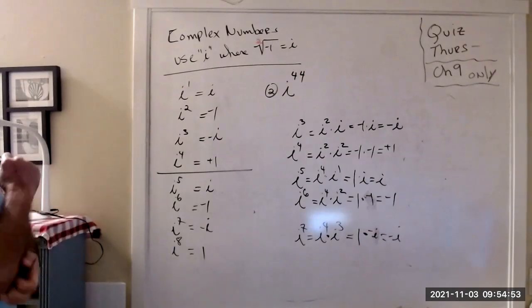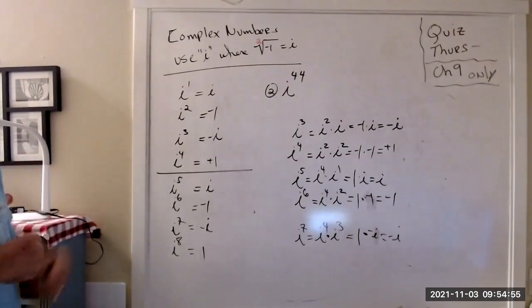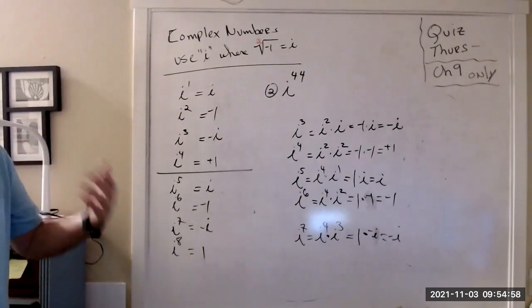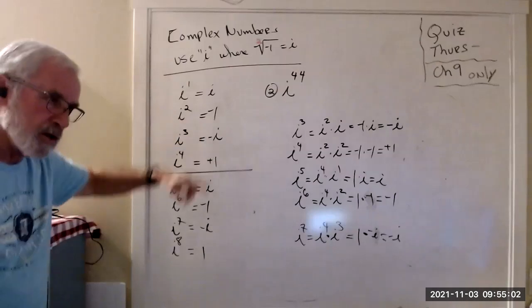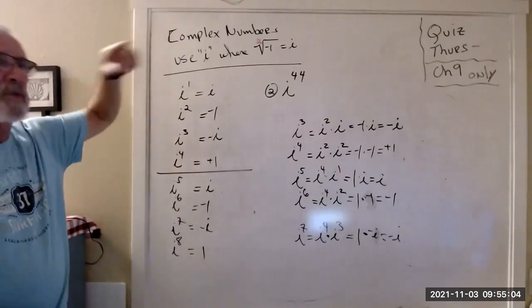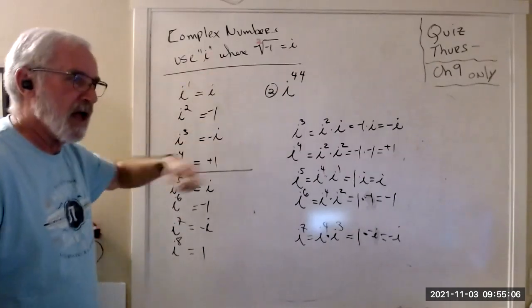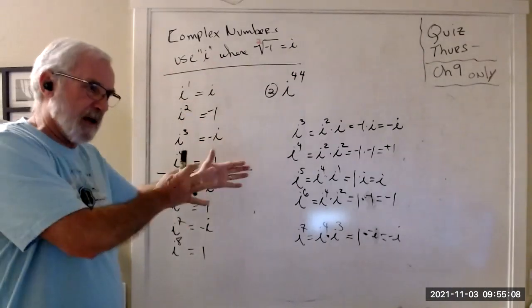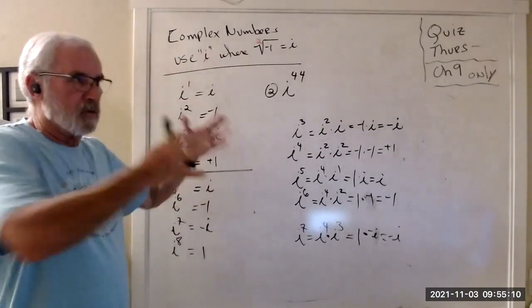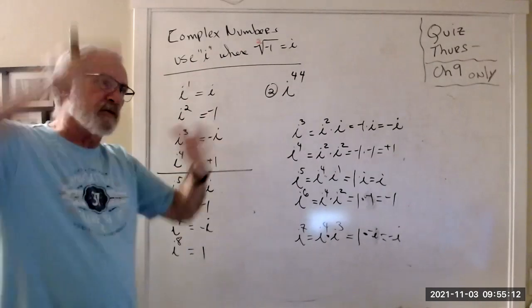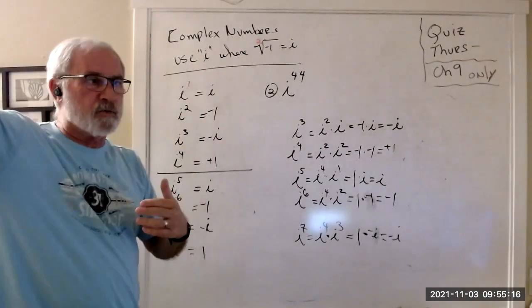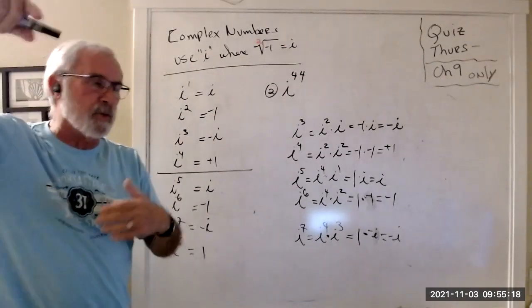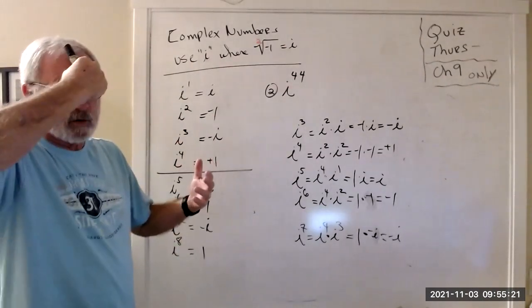This is a cyclic pattern, or some people call it a periodic pattern. In math, a period is when something repeats itself after a certain number of steps. Like we talk about the period of the moon, going from no moon to full moon, back to no moon, the month is 28 days.